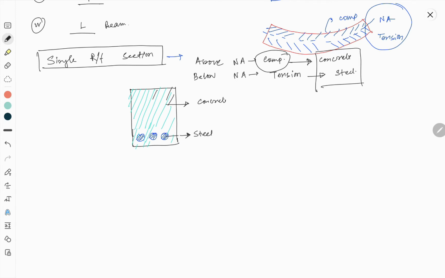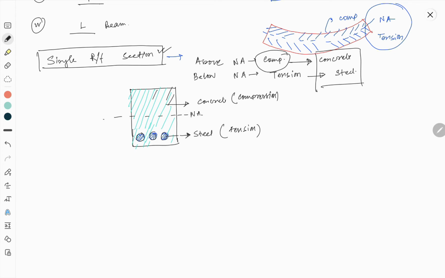Reinforcement in a single layer, placed below the neutral axis, is known as a single reinforcement section, where concrete takes care of compression and steel takes care of tension.